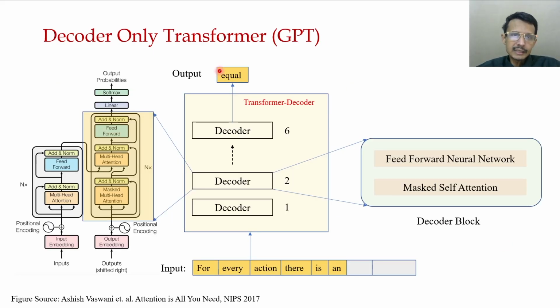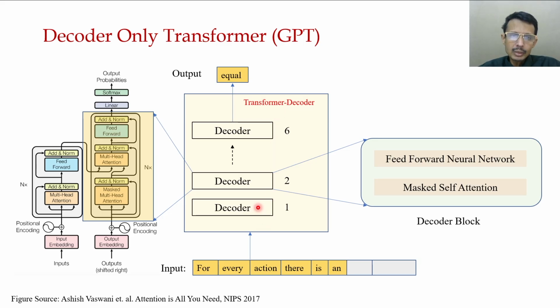Now here we can see a very brief architectural description of this GPT model. As we have said, this is a decoder only model. That means it is a series of transformer decoders. This number is very hypothetical; it may be more, it may be less.